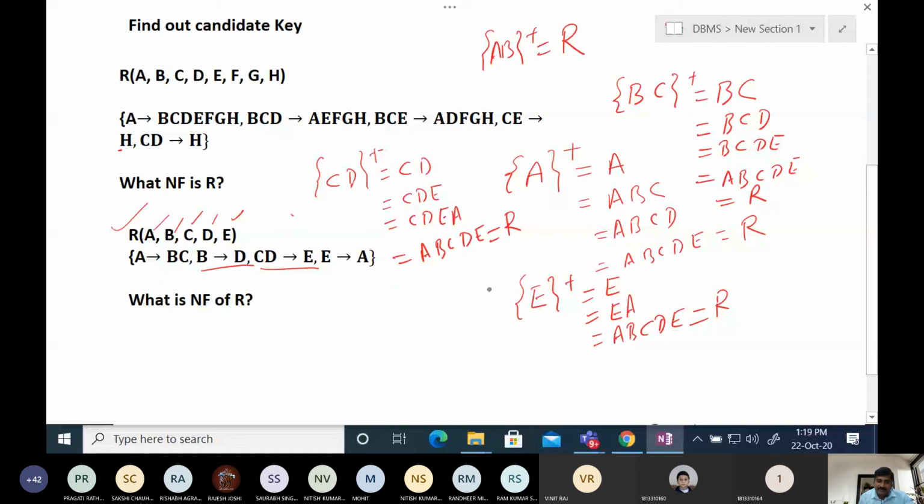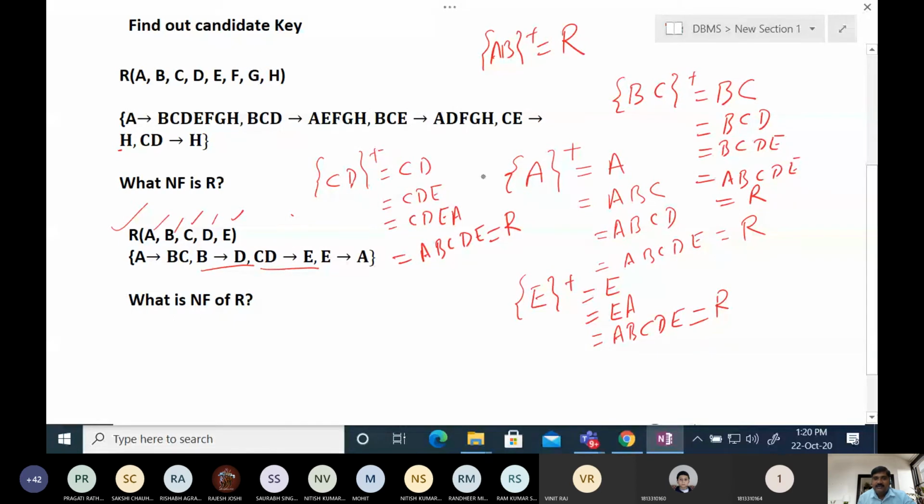So please find out, is there any combination of the attributes which will determine all the attributes, then that is also a candidate key. And if not, then we will say that there are 4 candidate keys of this R. One is A, another one is E, third one is BC, and fourth one is CD.